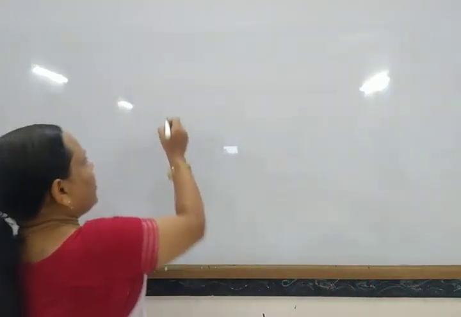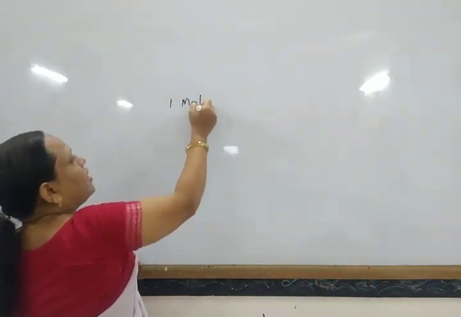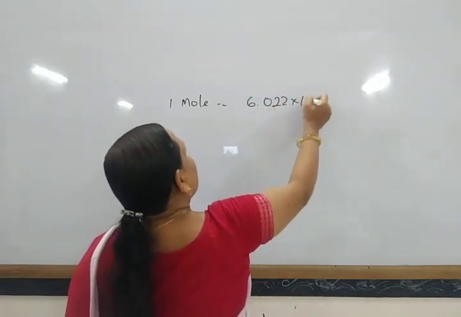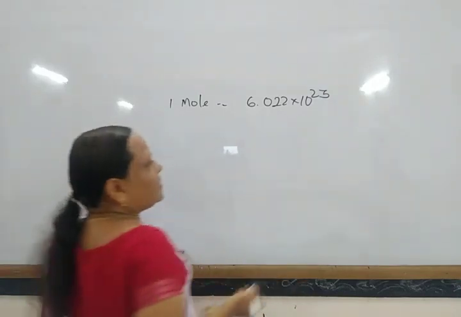In terms of number, 1 mole is equal to 6.022 × 10^23.